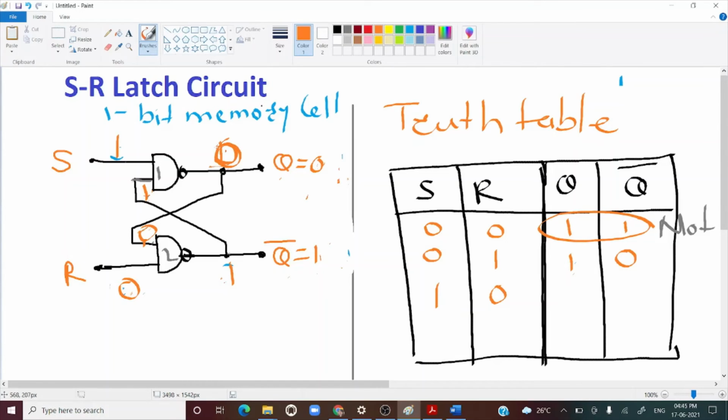In this circuit, this 1 goes here, and if both the inputs are 1, then the output is 0. So for S is 1 and R is 0, we have got the output, that is 0, 1. And for this we have assumed that the previous conditions were 0, 1. Previous condition हमने 0, 1 consider की थी.